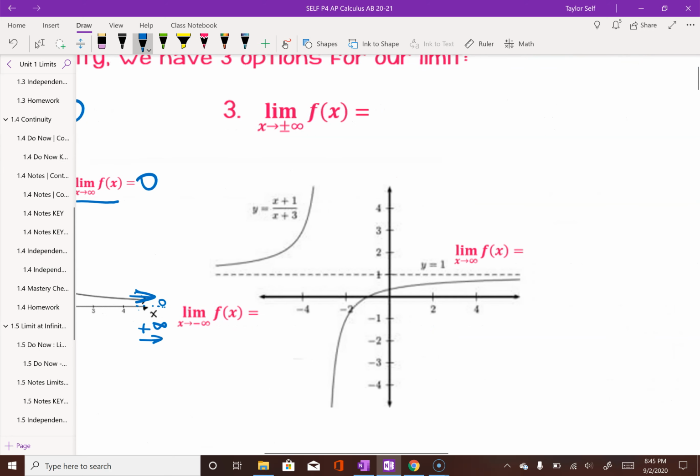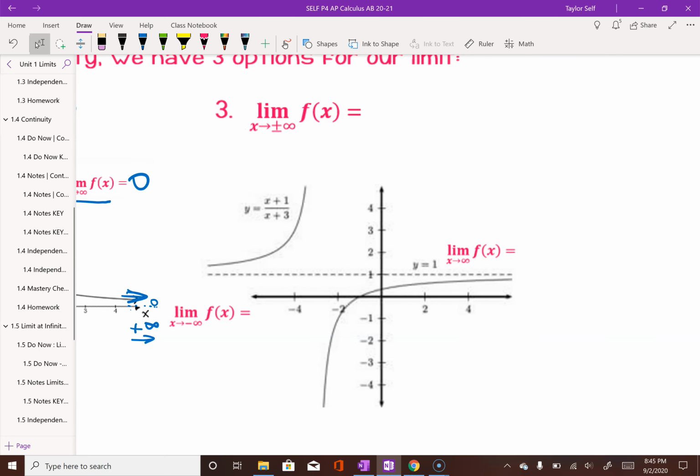All right, and now let's go to our last option, the limit as x approaches plus or minus infinity of this function. Let's look at the right limit at first. The limit as x approaches positive infinity, so this way. Where is our function getting closer to? This y value of 1.